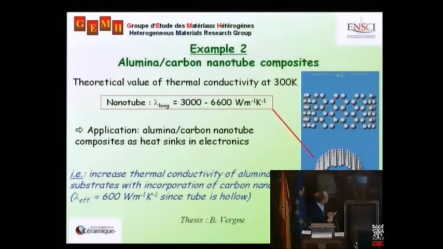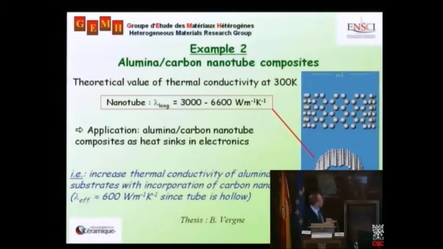Theoretically, according to some people anyway, the nanotube has a value running along the axis of 3,000 watts per meter per Kelvin. That's very high, because it's higher than the thermal conductivity of diamond.